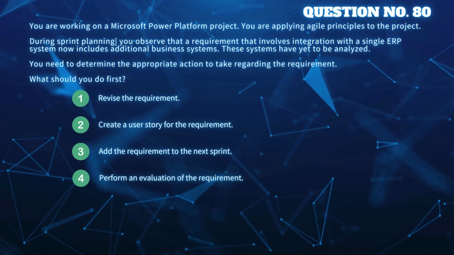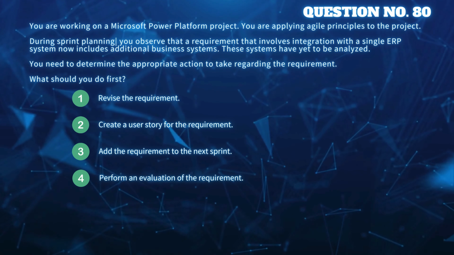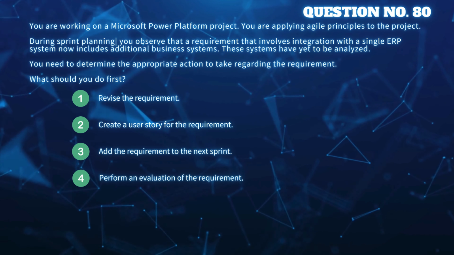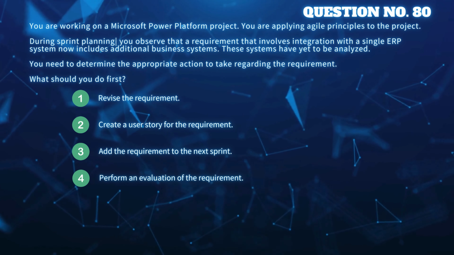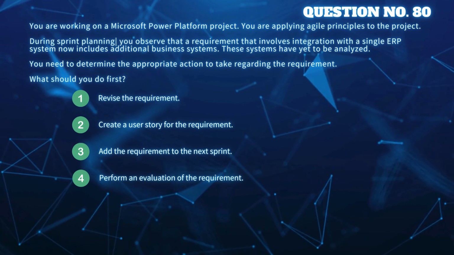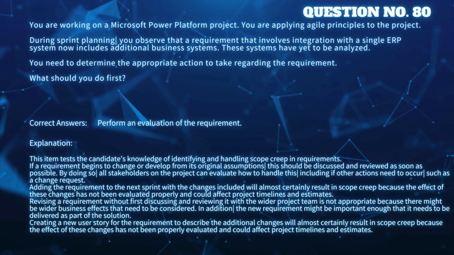What should you do first? Option 1. Revise the requirement. Option 2. Create a user story for the requirement. Option 3. Add the requirement to the next sprint. Option 4. Perform an evaluation of the requirement. Correct answer: Perform an evaluation of the requirement.